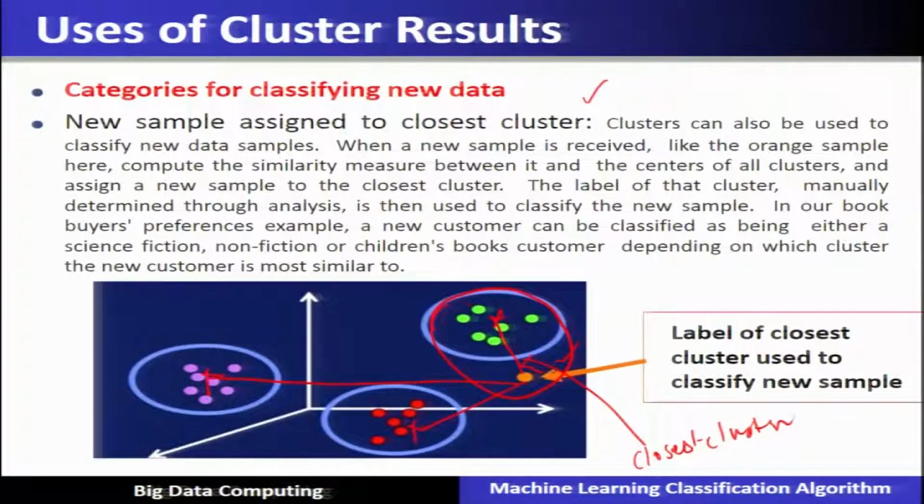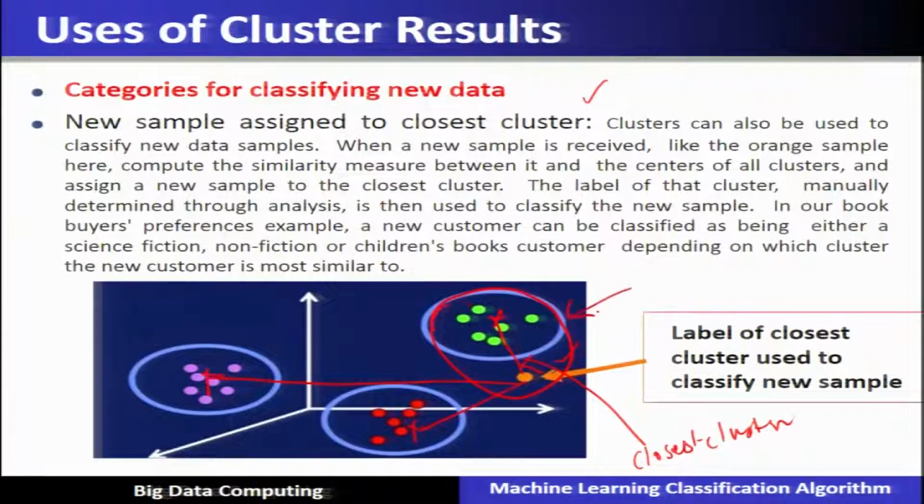The label of that cluster, manually determined through the analysis, is then used to classify the new sample. So, in the book buyers' preference example, a new customer can be classified as being either a science fiction, non-science fiction or children's books customer, depending on which cluster the new customer is similar to.